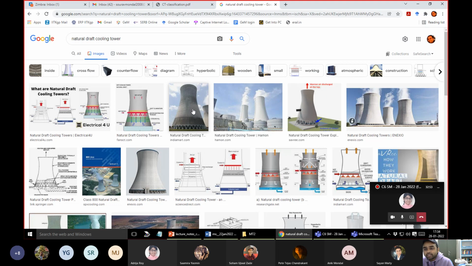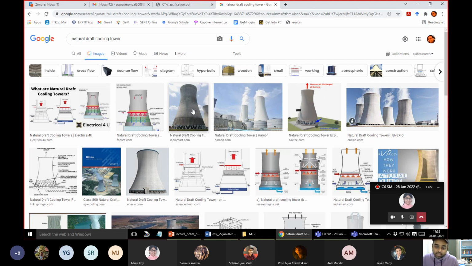In the case of atmospheric towers, it is very similar to the natural draft. The difference is that natural draft towers are very wide at the bottom, and the shape is more or less a hyperbolic curve. In the case of the atmospheric draft tower, it is completely vertical. Atmospheric columns are not at all preferred, right?